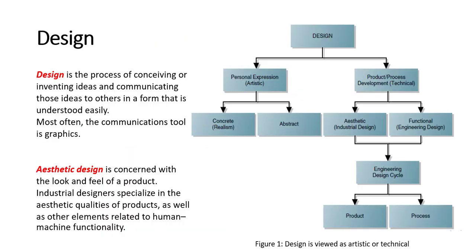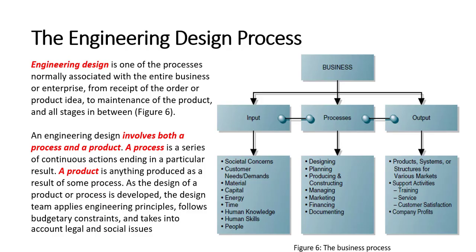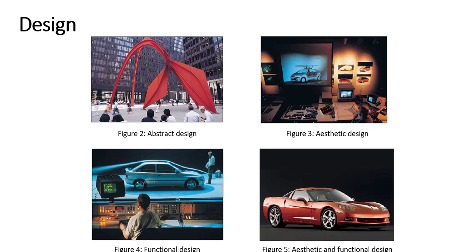When a design serves some useful purpose, such as the shape of a new automobile wheel, it is classified as a design for product or process development, like Figure 3. That one is Figure 3, right? Okay, it's an aesthetic design.